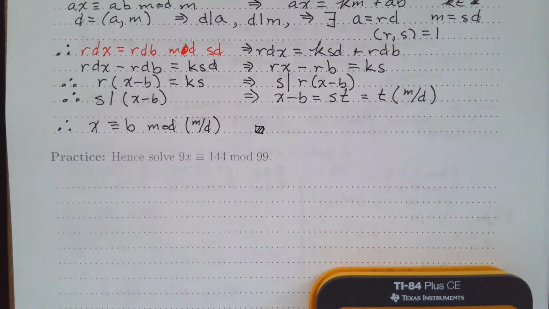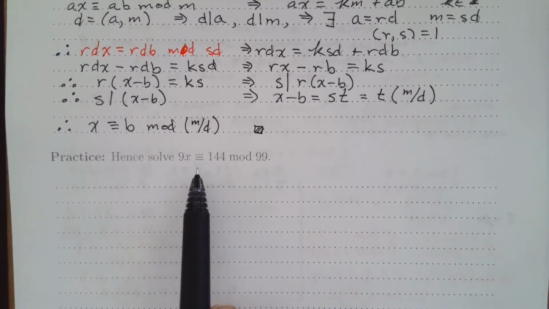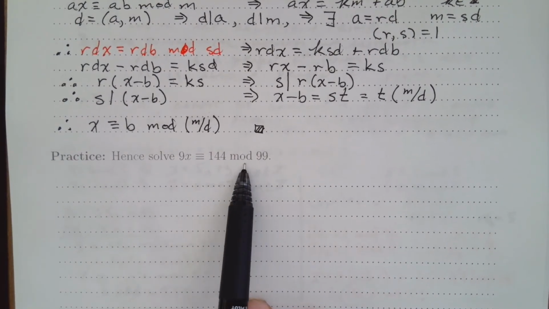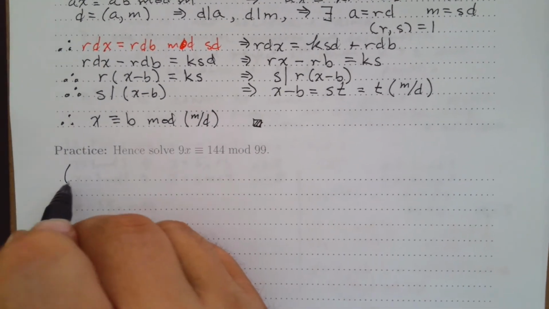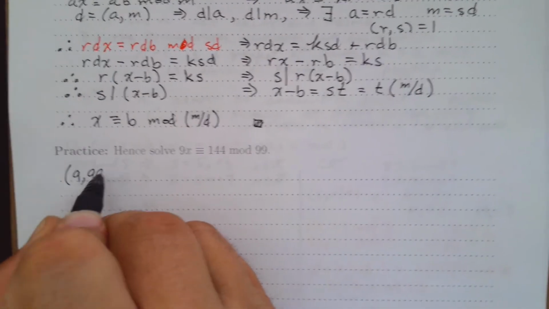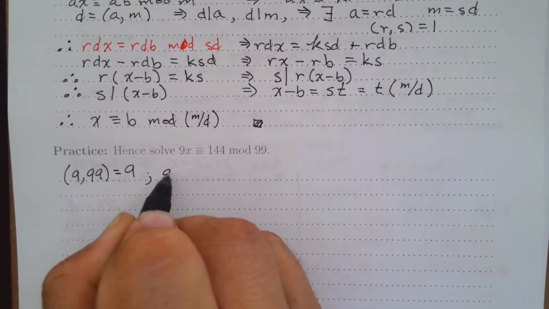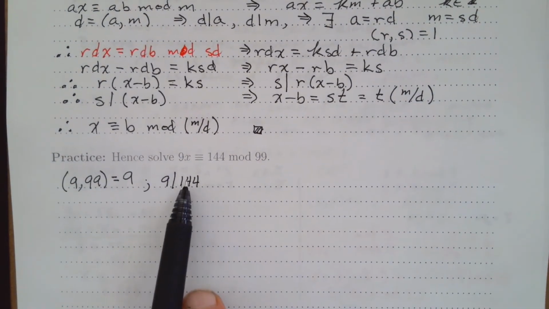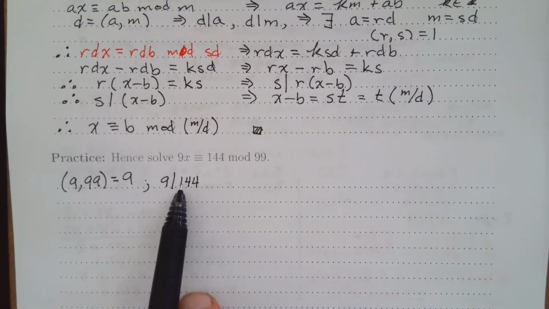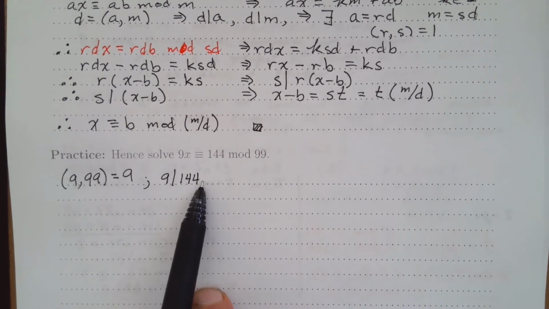So 9x is equivalent to 144 mod 99. Well, what do we know? 9 and 99 have a greatest common divisor of 9, and 9 divides 144, because the sum of the digits of 144 is 9, 4 plus 4 plus 1, so 9 divides 144.